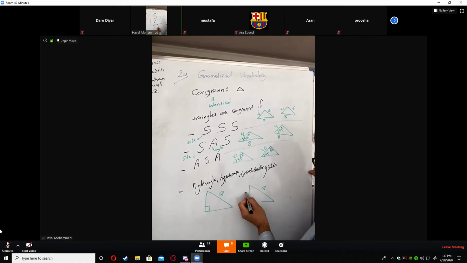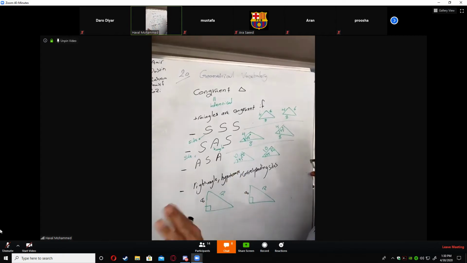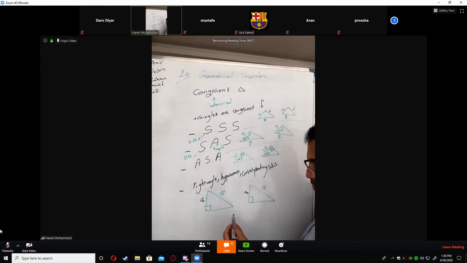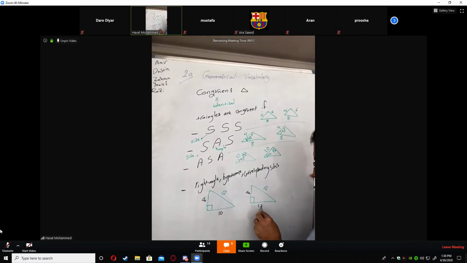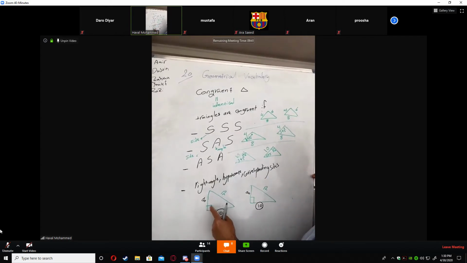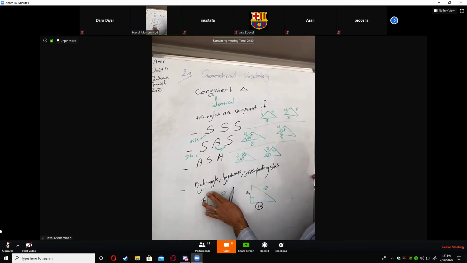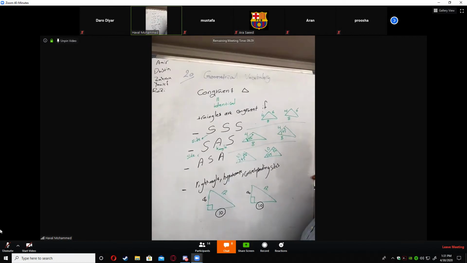Either this is equal to that, that's fine, or this one here. For example, let me say this is maybe 10. Remember we have 3 conditions: right angle, hypotenuse, corresponding side. We already got the right angle and the hypotenuse. For the corresponding side, either you take these two sides, which are equal, or these two sides, it doesn't matter. One of them will do. Is it clear now?